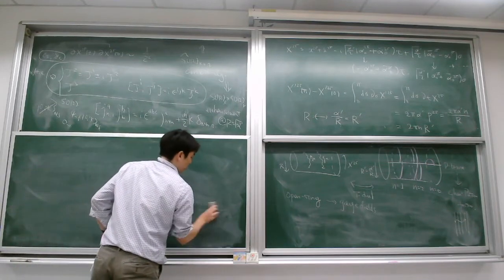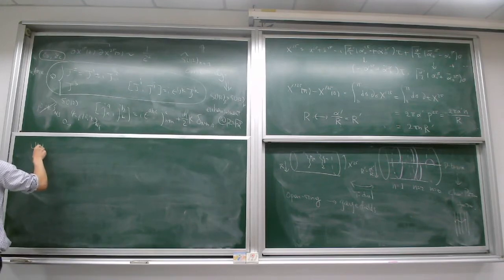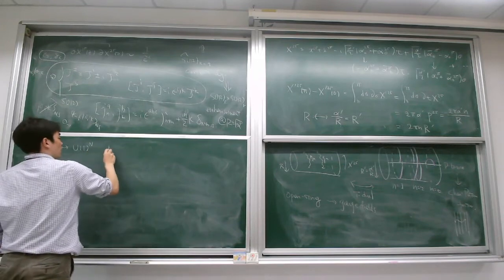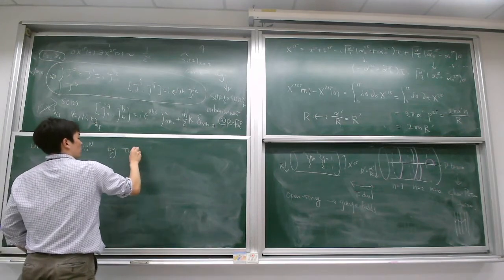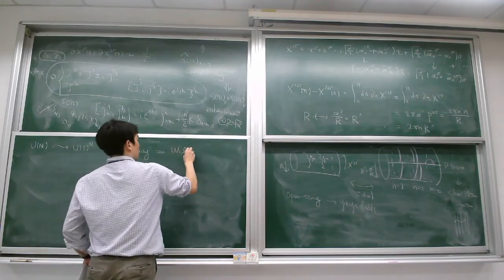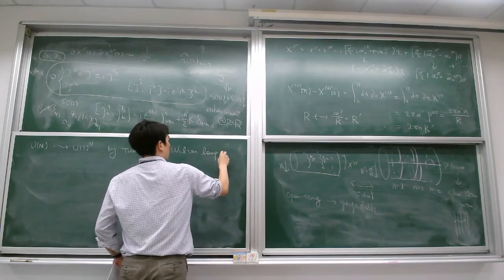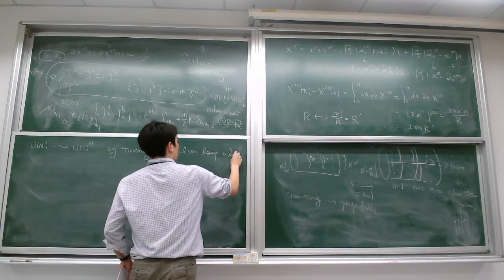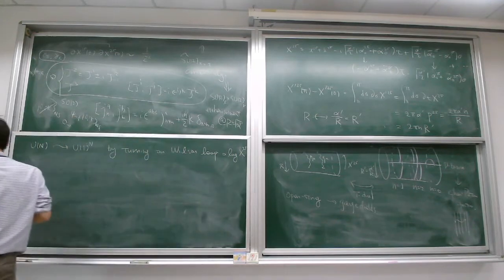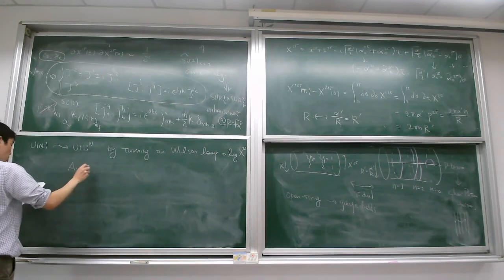So let's suppose you have U(N) gauge group. The U(N) gauge group is broken to U(1)^N by turning on the Wilson loop along X25. Which means that the gauge field has some expectation value.